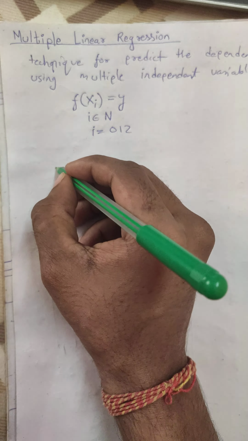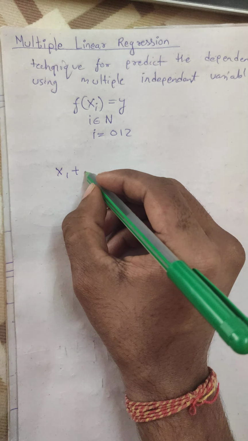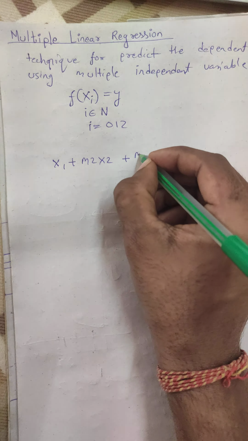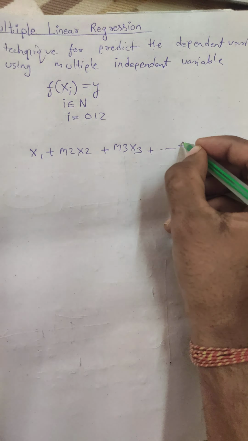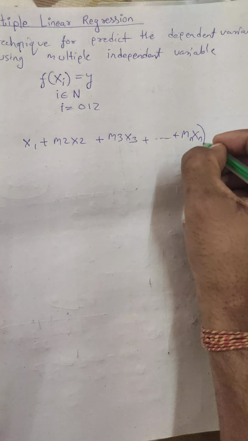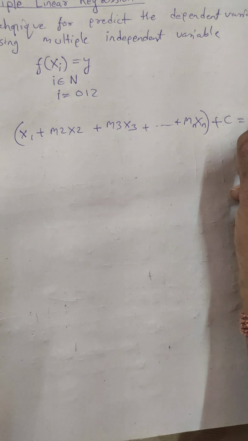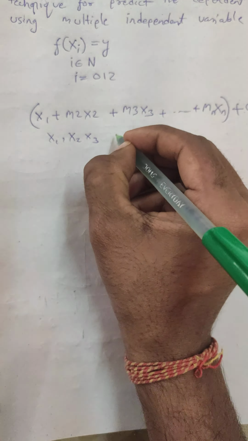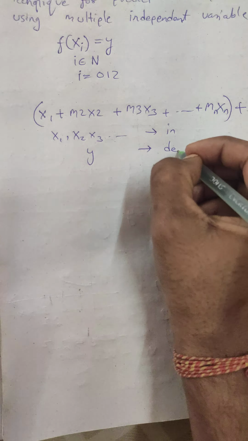I can write it as m1 x1 plus m2 x2 plus m3 x3 plus up to the nth term, m n x n, whole plus constant c equals my y. So here x1, x2, x3 and so on are my independent variables, and y is dependent.